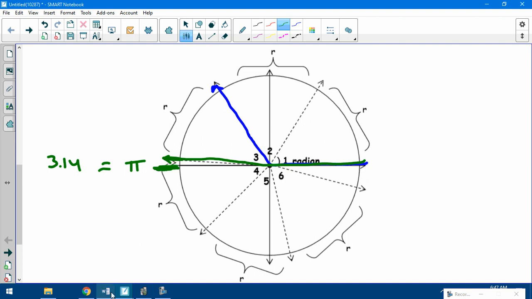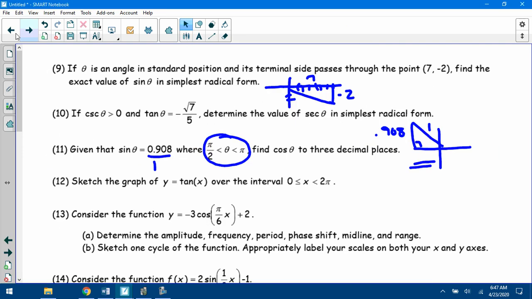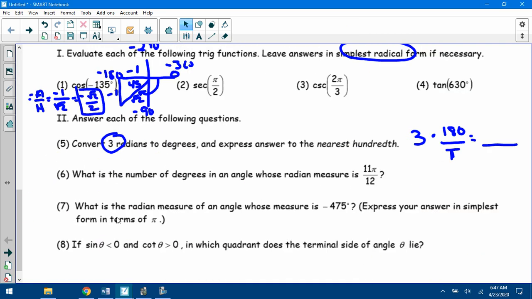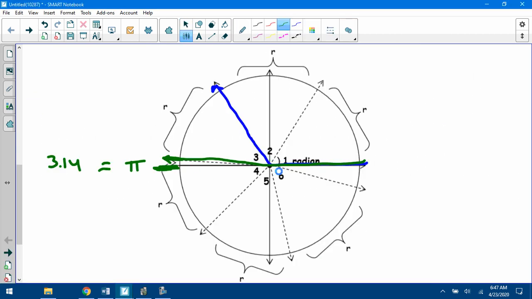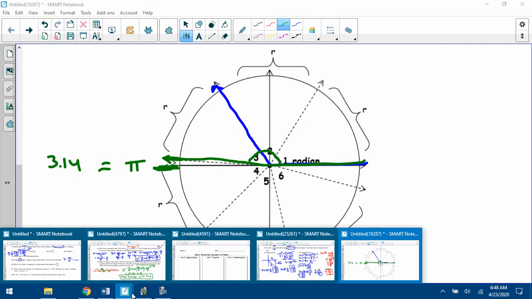So when you do that question on the review sheet, convert 3 radians to degrees, they're literally asking you to find that angle. Your answer should hopefully come out to be a little bit less than 180. I wanted to show you that because it does show up on the Regents quite a bit.